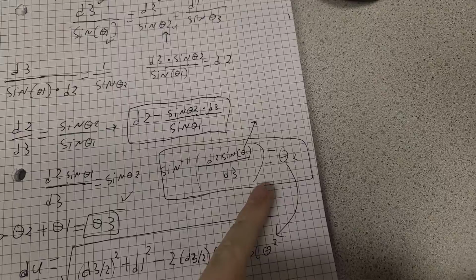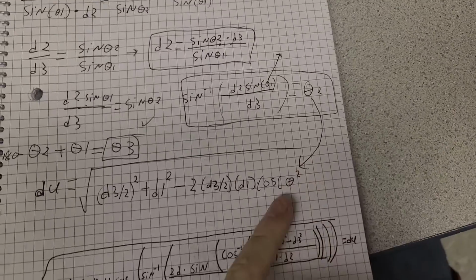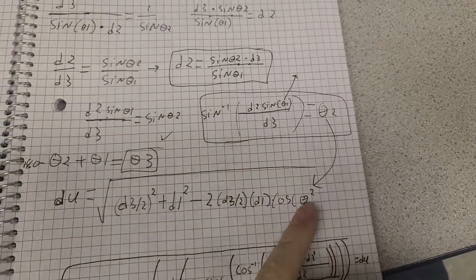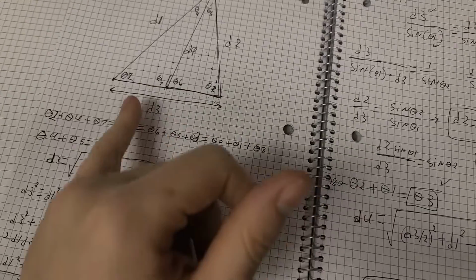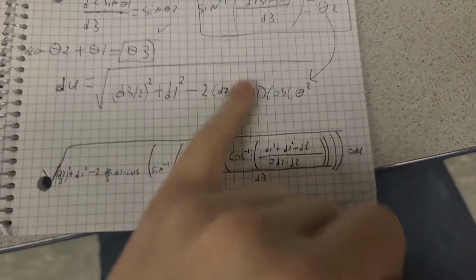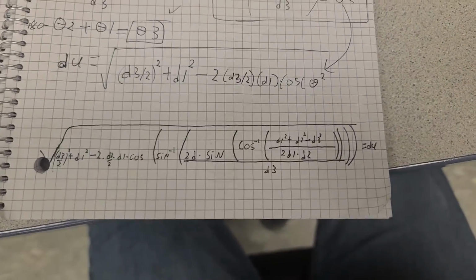So using that, we solve for theta 2, which comes down here, and then we use the law of cosines again to solve for D4, which is now solvable. And all of those collapse into an equation that looks like this.